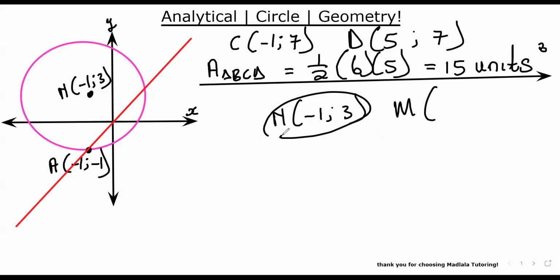And we reflect this point about the line y equals x. This means y becomes x, and x becomes y. It's literal. So in other words, when x is 3, which may be somewhere there, then y is going to be -1, which can be somewhere there, okay?